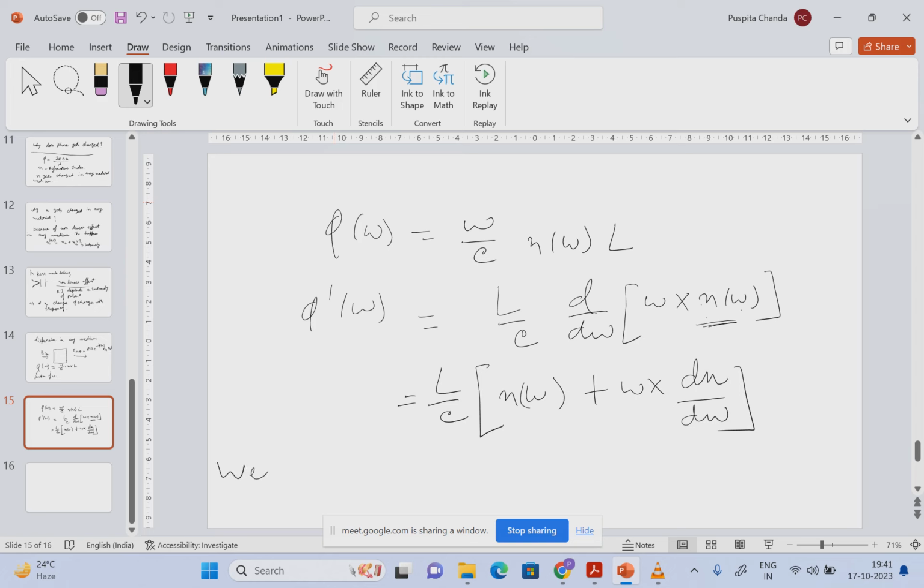Now we need to write this expression in terms of lambda.